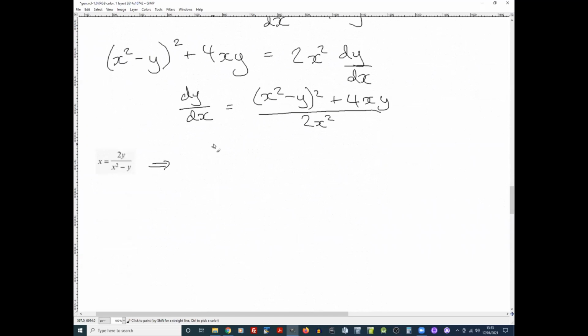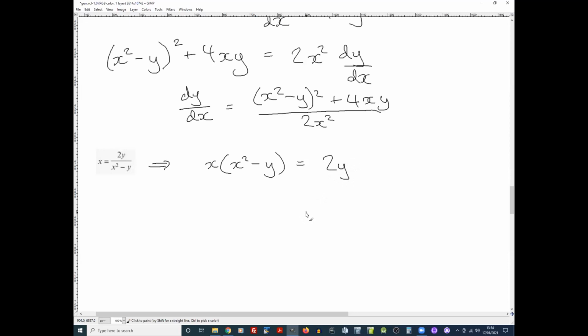Okay, so well, 0 equals 2y. Oh, okay, I see what you mean. So x times x squared minus y equals 2y.